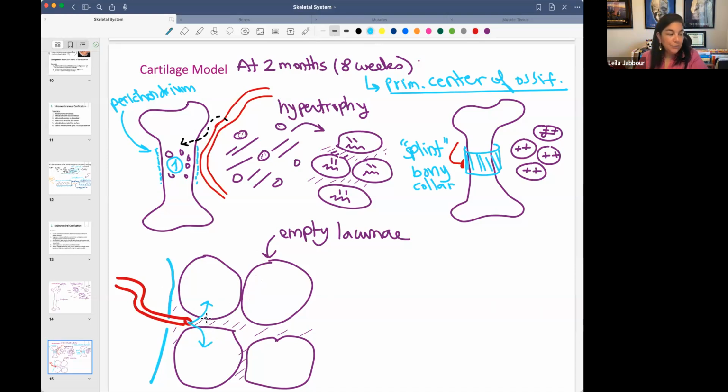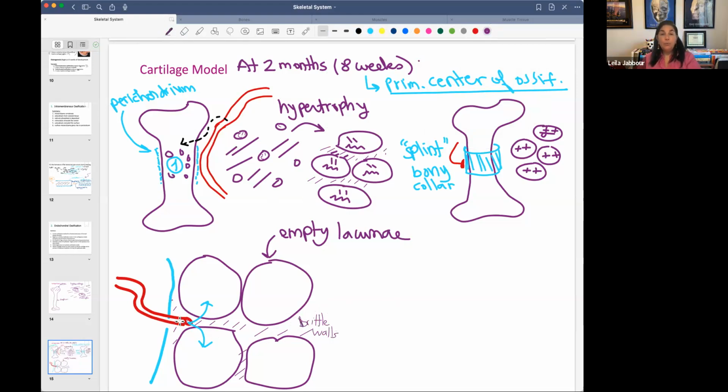And how are we able to get in here? Because the walls are brittle. I'm going to write it in: thin, brittle walls.